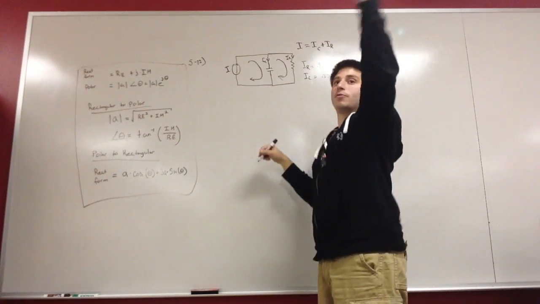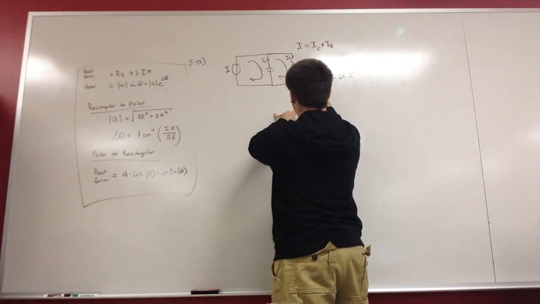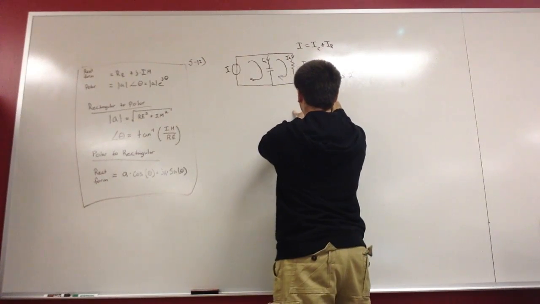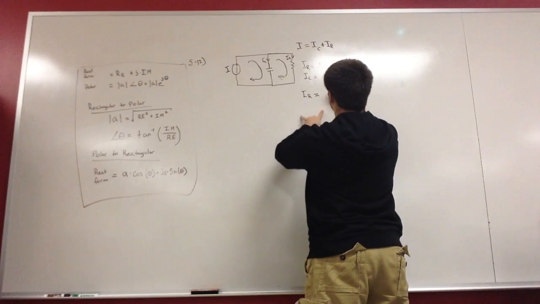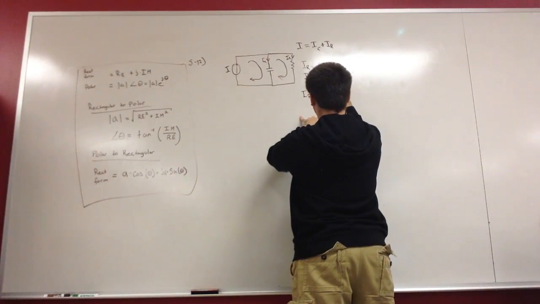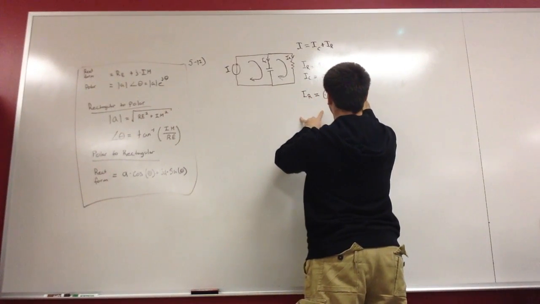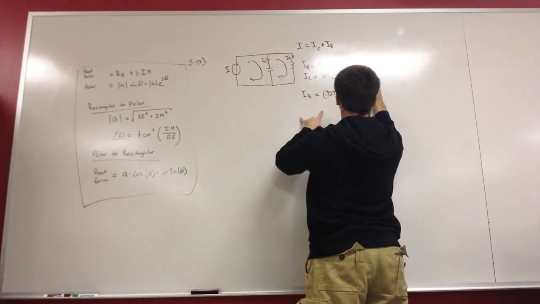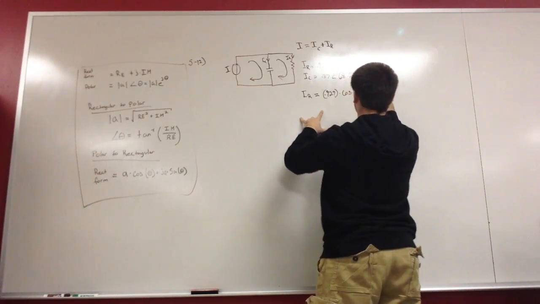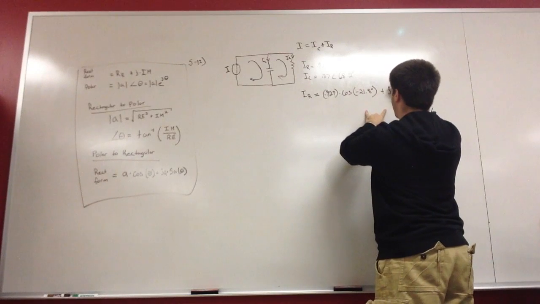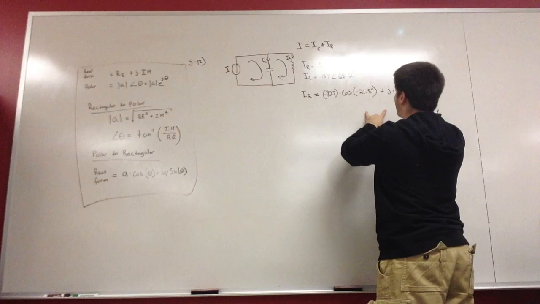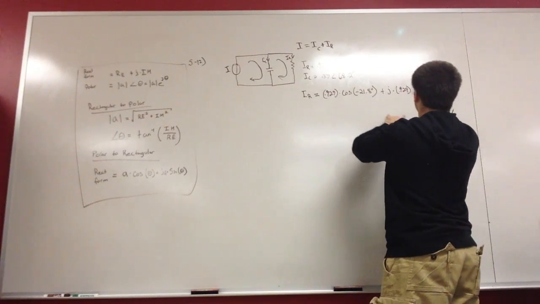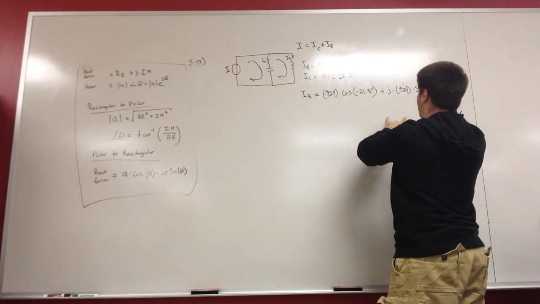So the same method as before. If we want to break up the I sub R component, this is equal to, according to this equation, 0.929 times the cosine of negative 21.8 degrees plus J times 0.929 times the sine of negative 21.8 degrees.